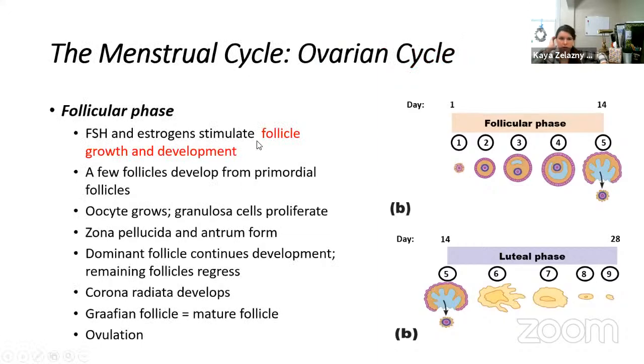Starting with the follicular phase, what we're interested in is growth and development of the follicle. So we're starting out with these primordial follicles. And the beginning of this phase is actually kind of random. And I don't mean that in a colloquial way.